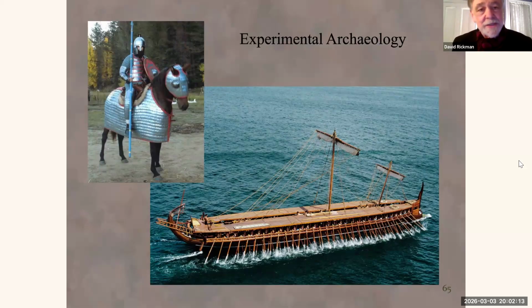Here, for example, again, is our Dura Europus cataphract, and also the rather grand example of a replicated or reconstructed Greek warship, the Olympia, that helped to solve problems of just how these things were rowed and sailed and navigated and many other applications.